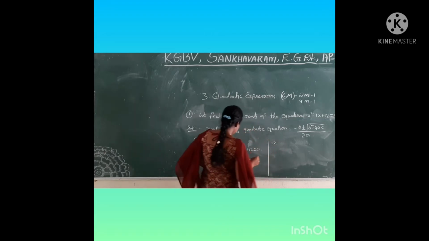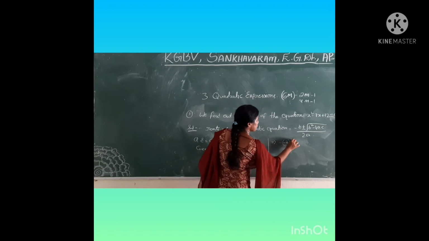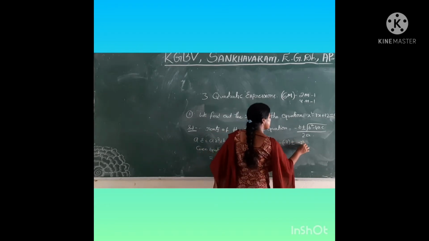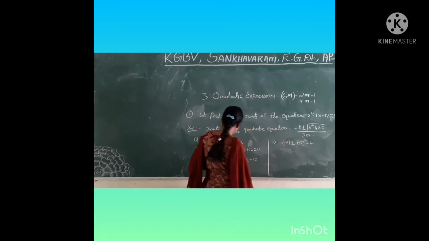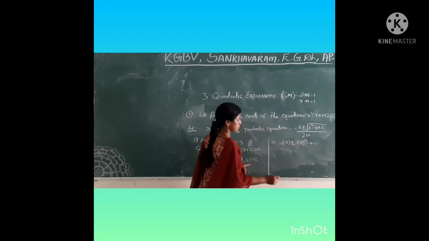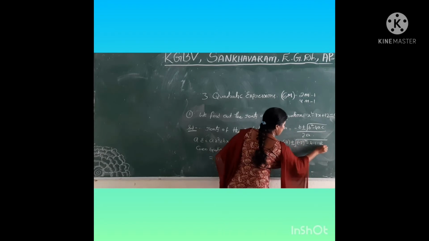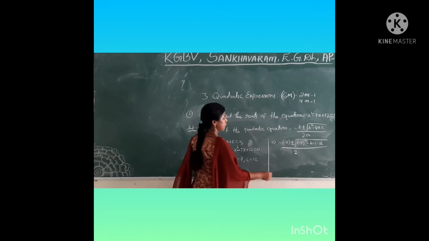Minus b, b means minus 7, so minus of minus 7, plus or minus the root of b square, minus 7 whole square, minus 4 into a, which is 1, into c, which is 12, all by 2 into a, which is 1.